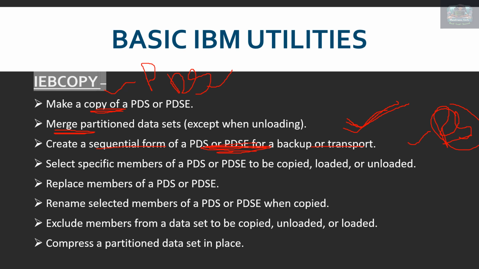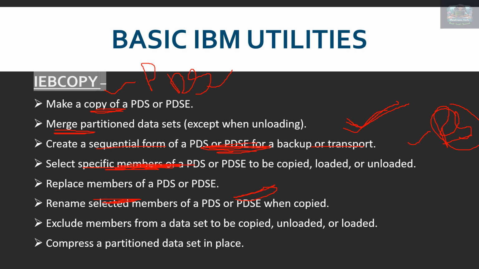And while you're copying from one file to another file, you can copy specific members. If you want only specific members to be copied, there's a statement called SELECT where you can select and send only specific members. Another thing is replace: suppose there are the same member names in both PDS files, you can replace them while copying.